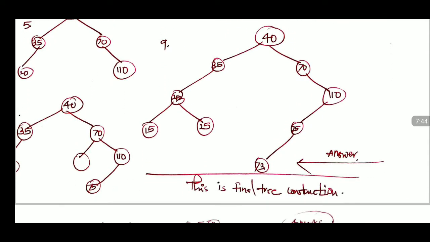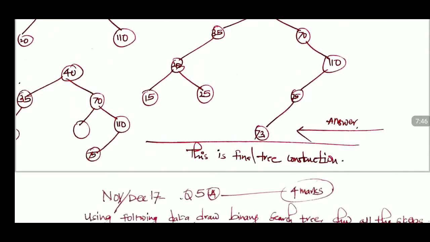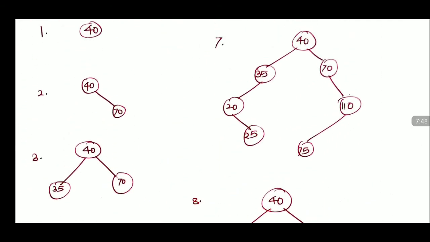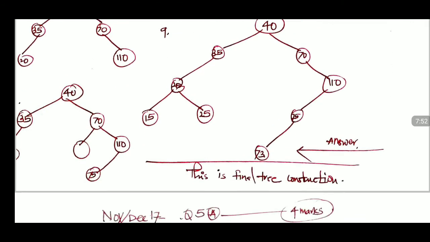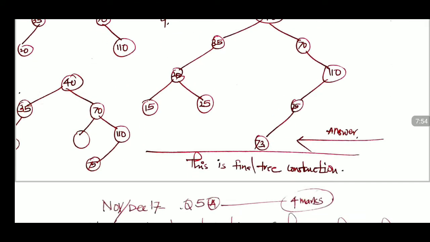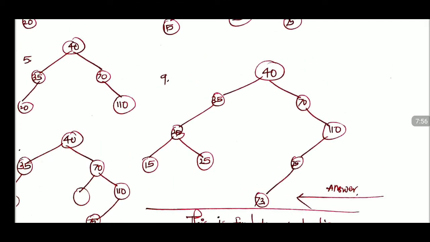Then next element is 75. Now we'll compare this 75 with 40. Then 75 is greater than 40. Then we'll go to the next, that is 70. Now 75 is still greater than 70.